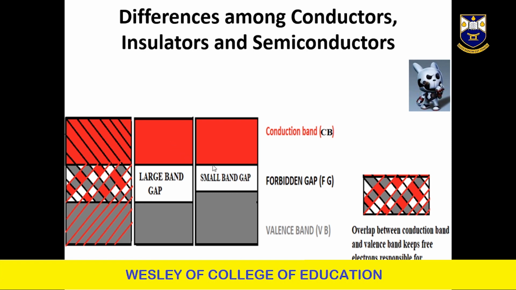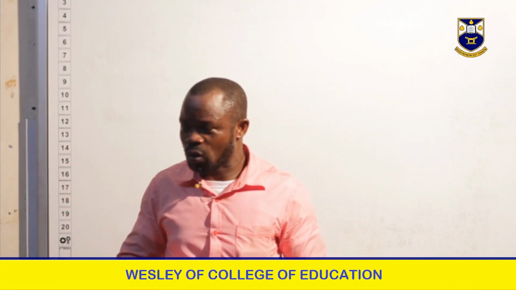Now, if you compare the band gap or the forbidden gap of the insulator to that of the semiconductor, you realize that the semiconductor has just a small band gap or forbidden gap. Hence, electrons in the valence band can get that energy to jump over the forbidden gap so they could get to the conduction band to conduct.